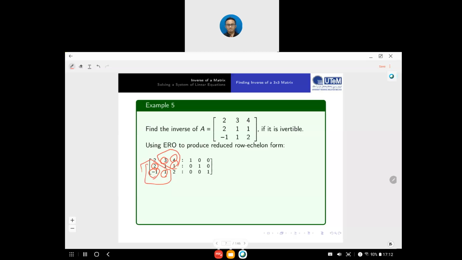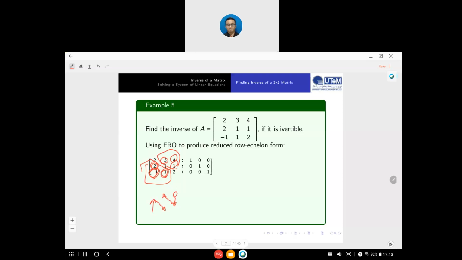If you choose the lower part, you must change -1 to 0 first, then go to 2, and then go to 1. Or if you want to start at the upper part, you must start with 4, go to 1, and then go to 3. That is the formula.